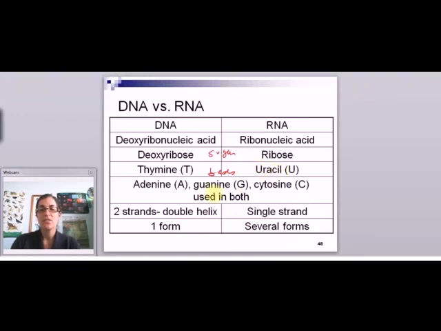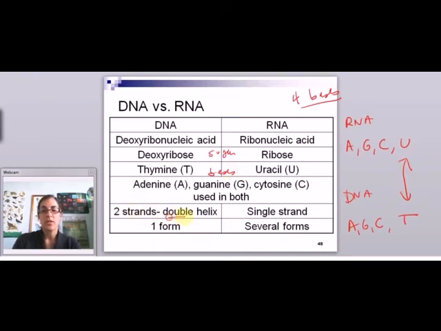So 3 of the bases are the same, 1 base is different. They're both made of 4 bases. I didn't say this earlier, right? So in RNA you have A, G, C, and U. In DNA, you have A, G, C, and T. So again, the thymine and the uracil is what's different.